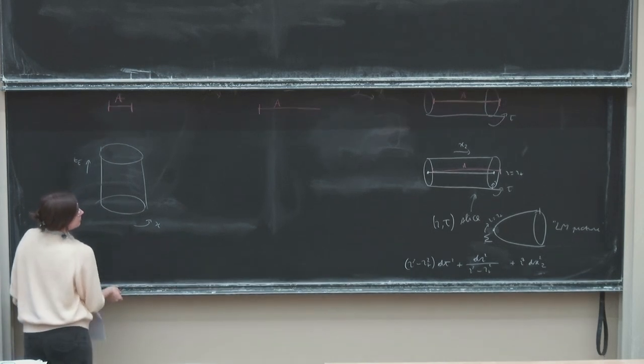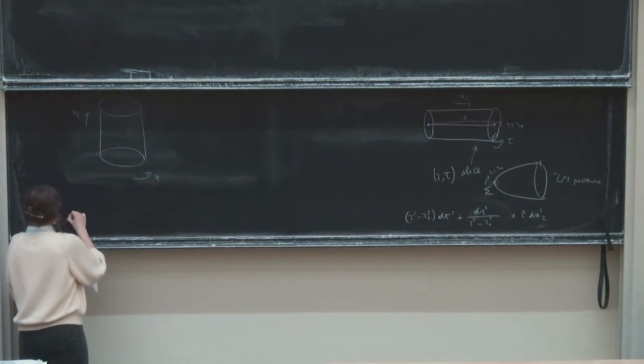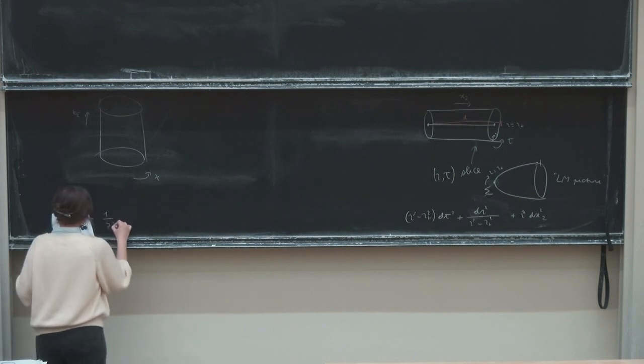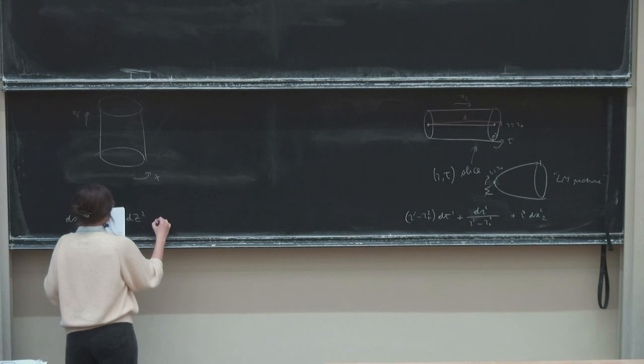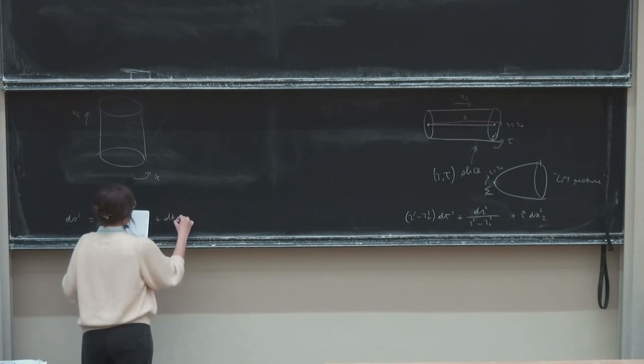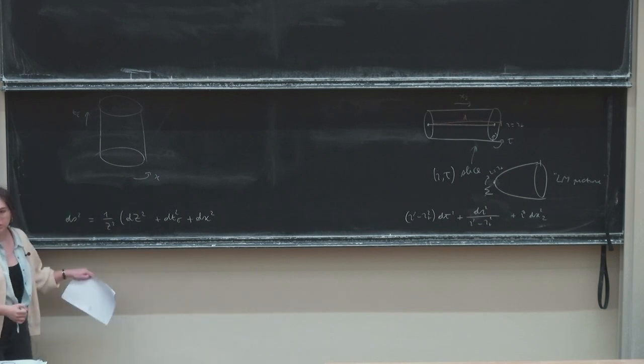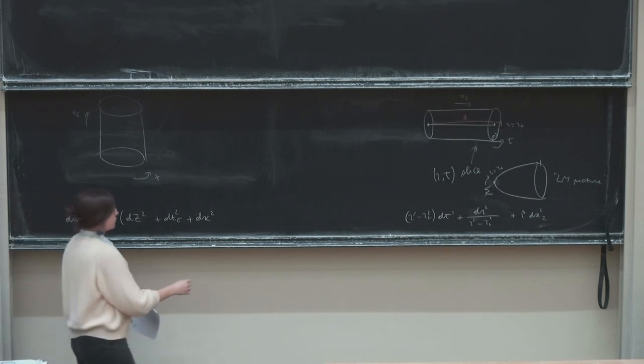Okay, so here our ds squared for AdS is 1 over z squared times (dz squared plus dt_E squared plus dx squared). So I'm in Euclidean signature for all these.